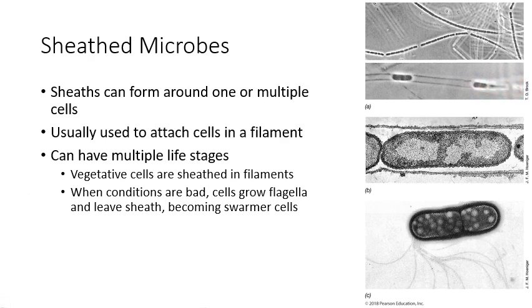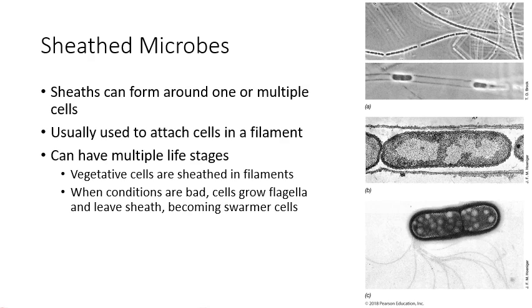So a lot of the time, bacteria that are living in filaments that are surrounded by those sheaths like that will have multiple life stages. The vegetative cell, which is kind of the normal cell, is going to be living in a filament in a sheath, the sheath holding it together in that filament.